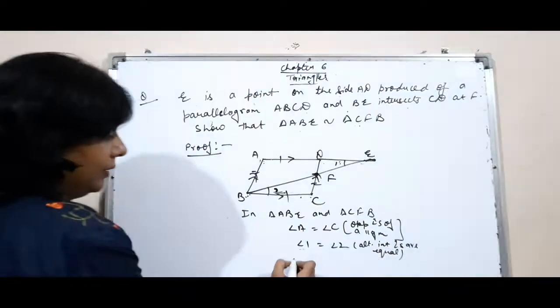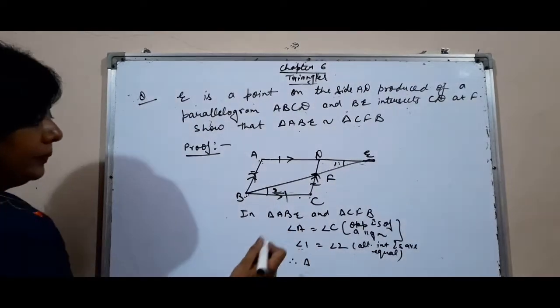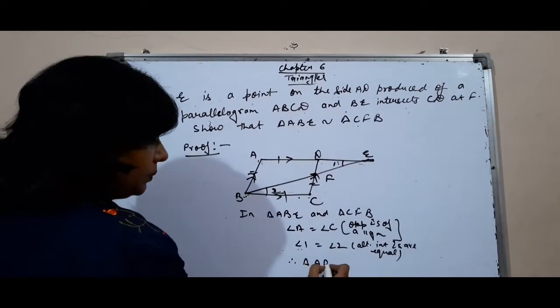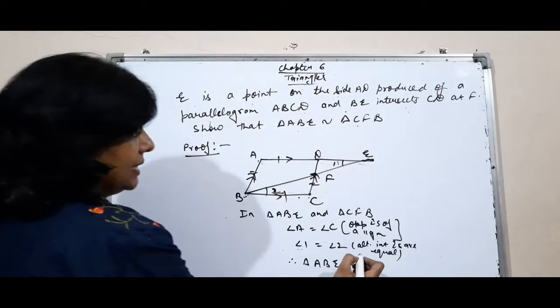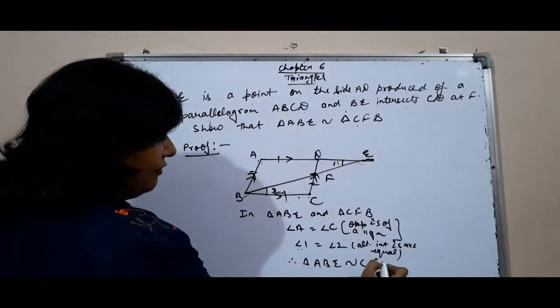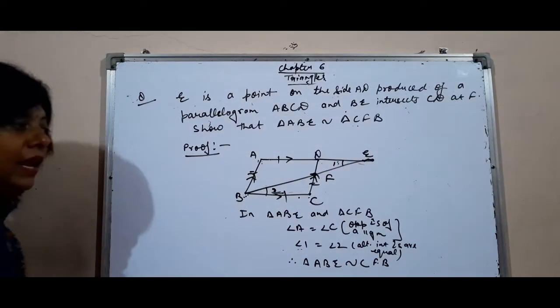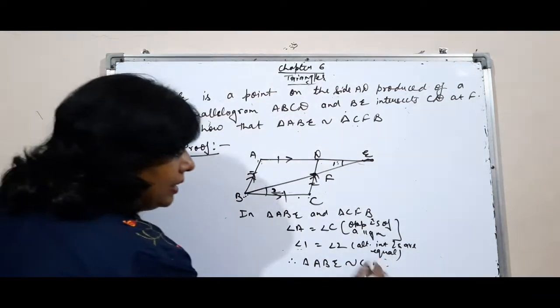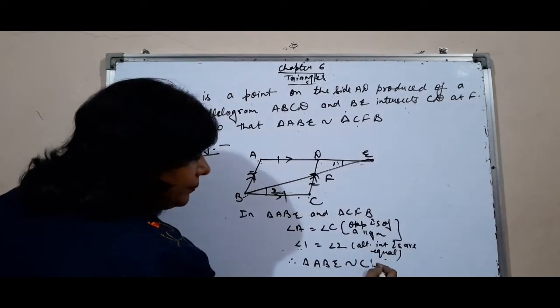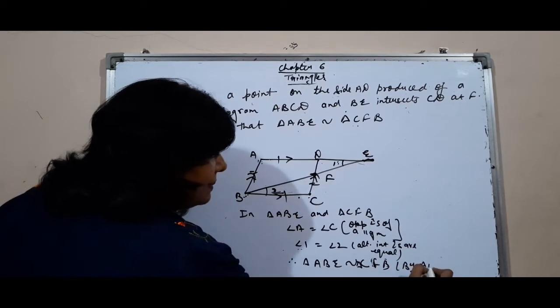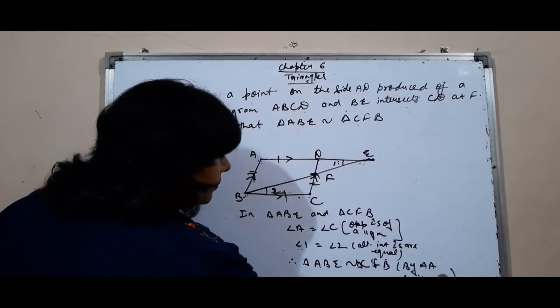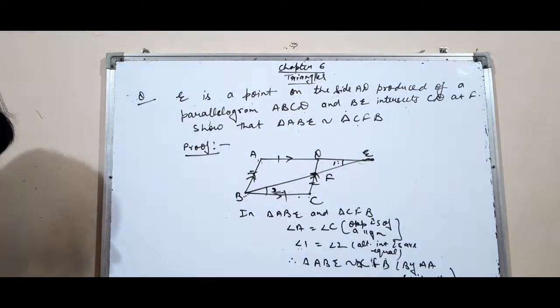Therefore, triangle ABE is similar to triangle CFB by AA similarity. Clear, students?